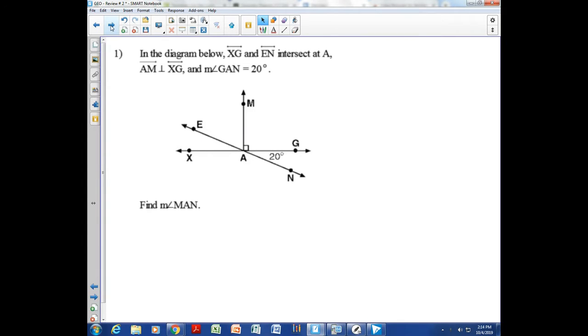In the diagram below, XG and EN intersect at A. More importantly, AM is perpendicular to XG, and the measure of angle GAN is equal to 20 degrees. One thing that's extremely important to remember here is that this is the sign for perpendicular.